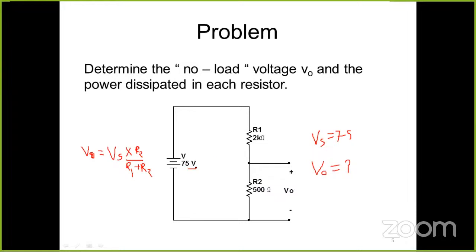This is the supply voltage, R1 value is 2 kilo ohm and R2 value is 500 ohm. Based on that, you have to calculate the output voltage. Do the calculation and let me know the value in the chat box.